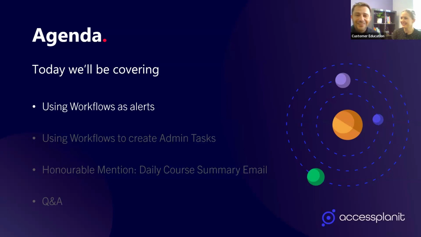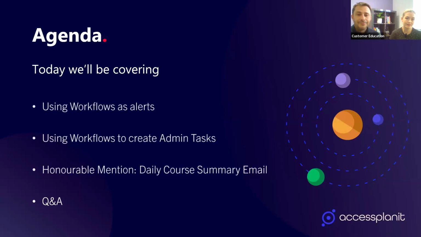Then we'll have a look at how workflows can be used to create tasks when some additional work is needed. And finally, we'll wrap up with a quick overview of what the daily course summary email is. As usual, we'll wrap up at the end with Q&A. So please submit any questions you have as we go, and we'll do our best to answer all of those at the end.